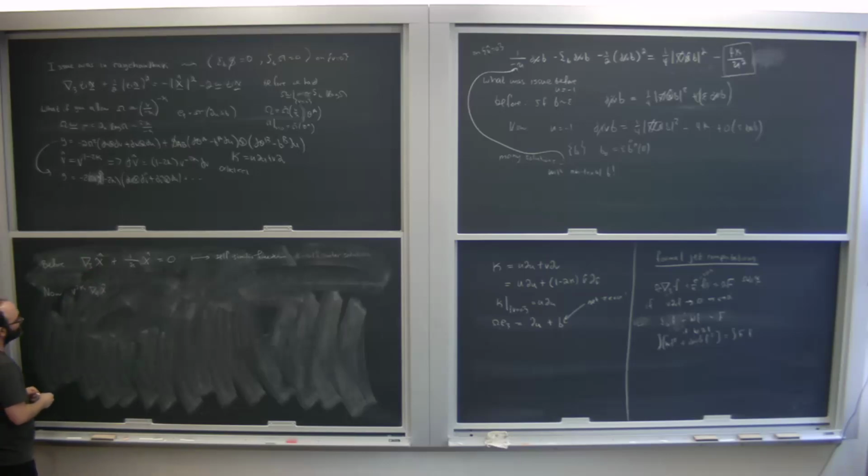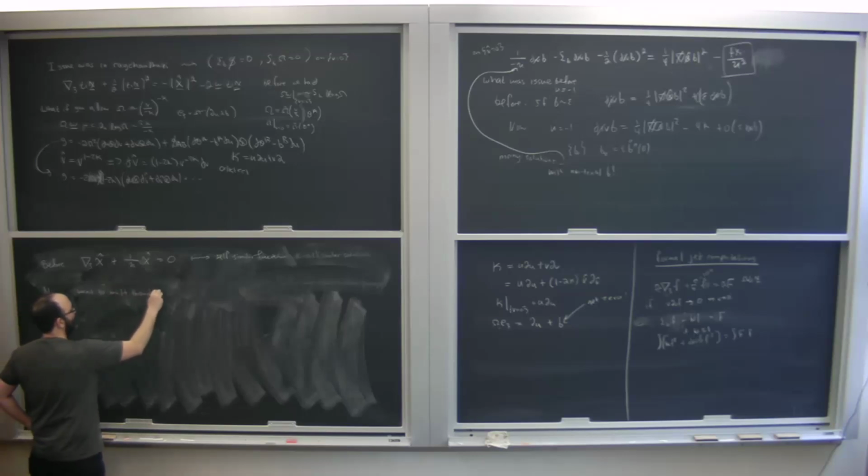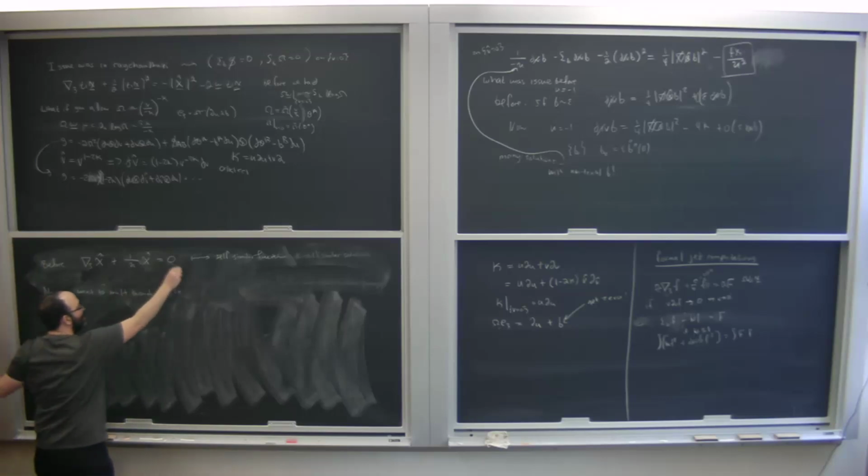So basically, you want to multiply through by v to the 2k just to make everything regular, because chi hat's not really the right quantity. This 0 is now going to give you something.